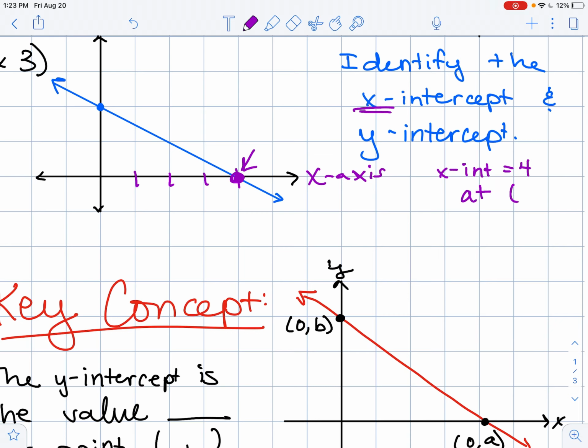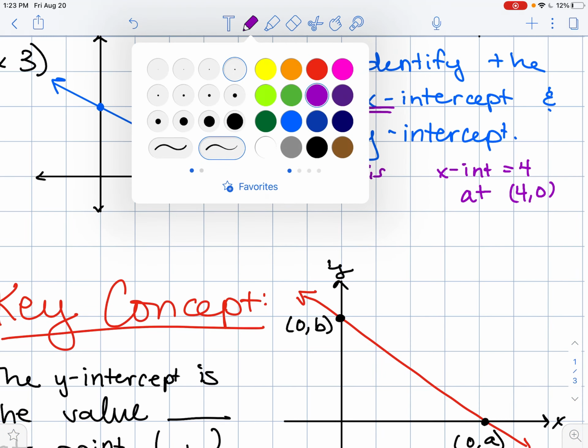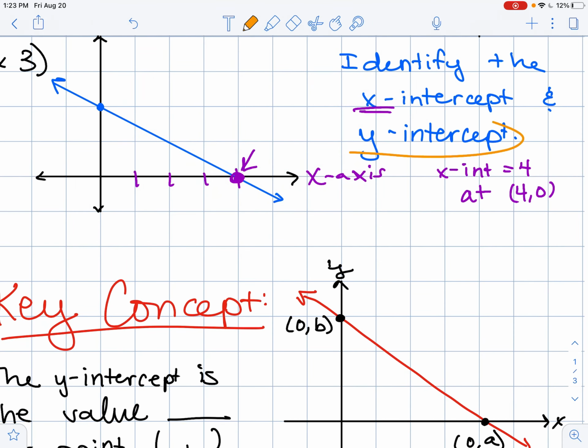And it's at the point 4, 0. For the y-intercept, it's on the y-axis. So it's right here. We count up. So that's 1. Here's 2. So the y-intercept equals 2. And it's at the point 0, 2.